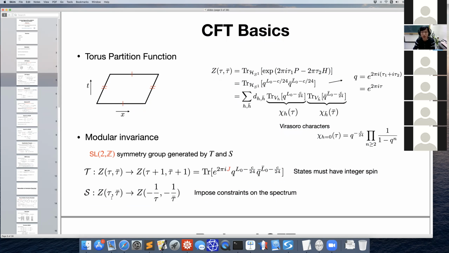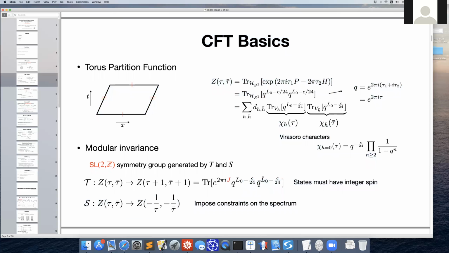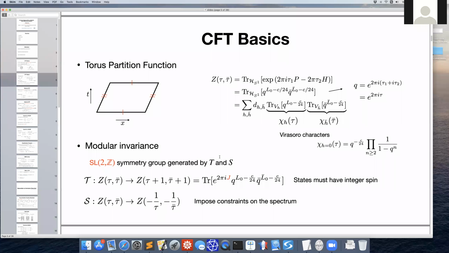Sorry, can I ask a question? Yeah, sure. So are we considering the bosonic states only? Later, I will talk about the fermionic states. Here, I'm just making some general claim about CFT. But for fermions, the spins can be half integer. No, not the spin. The spins are actually still integers. Right. Then are they odd numbers for fermions?